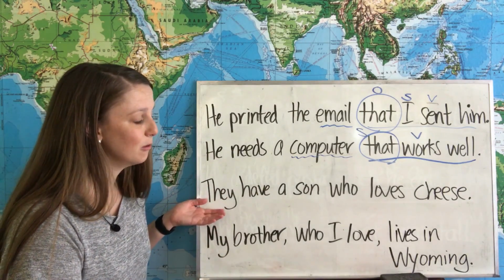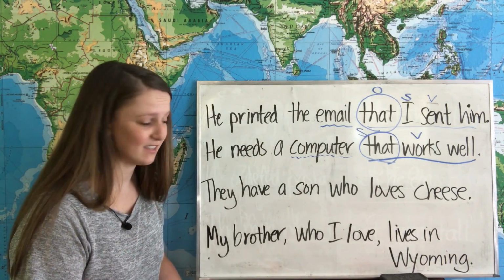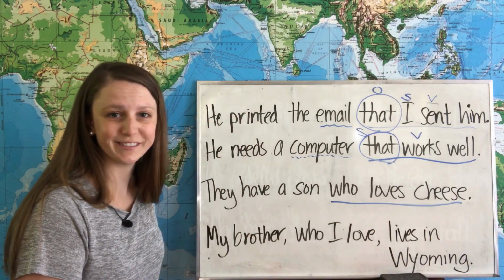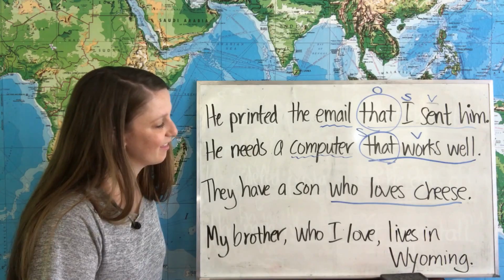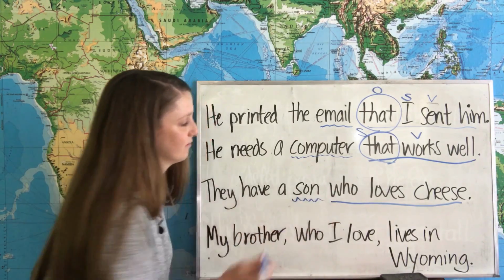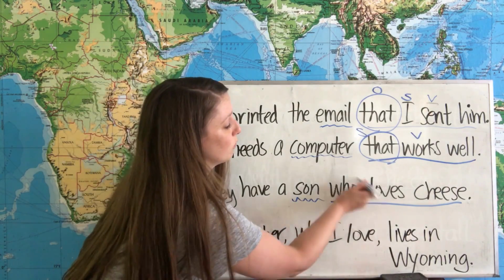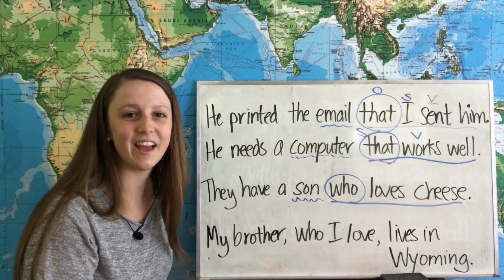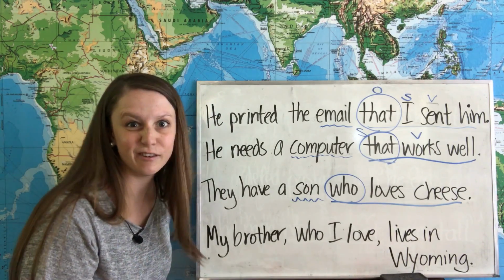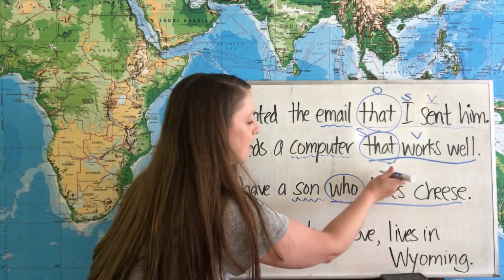They have a son who loves cheese. So our adjective clause in this sentence is who loves cheese. The noun that it's describing is son, and the relative pronoun is who in this case. Now, to find out if the relative pronoun is subject or object, let's find the verb first. The verb for our adjective clause is loves.